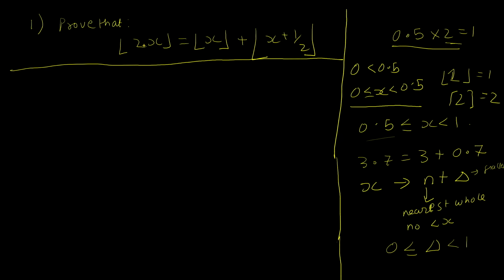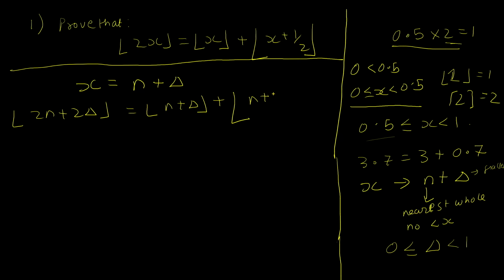So if we assume, and we established here that we can do that, x is equal to some whole number n plus the fractional part delta, then I could effectively rewrite this as the floor of 2n plus 2 delta, I just distributed 2, equals to the floor of n plus delta plus the floor of n plus delta plus a half. Okay, and of course you'd have to mention in your exam that this delta is between 0 and 1, and n is a whole number, of course.